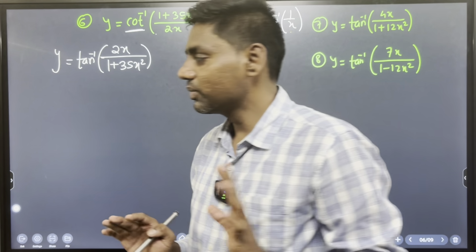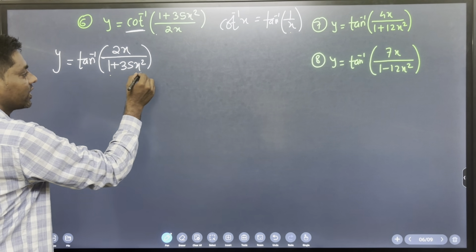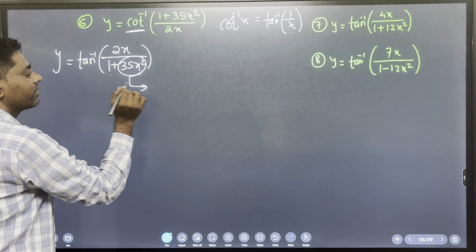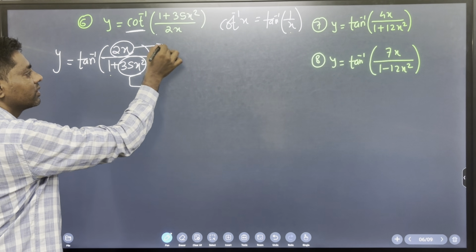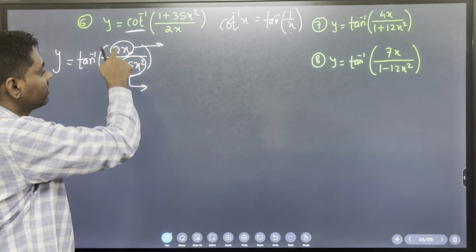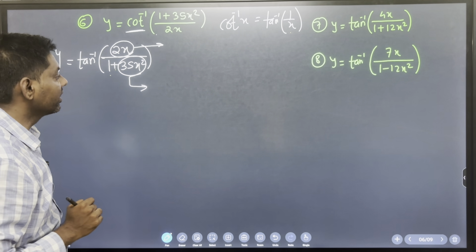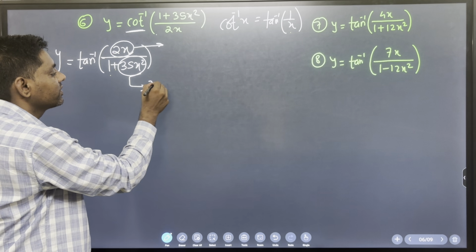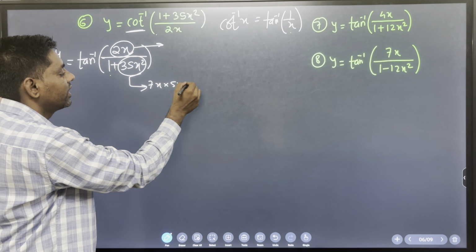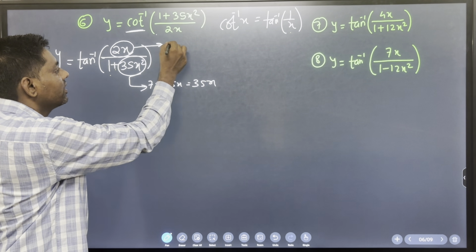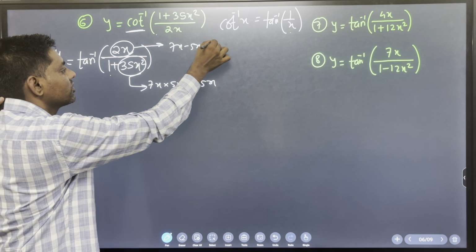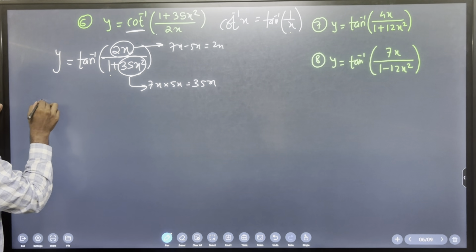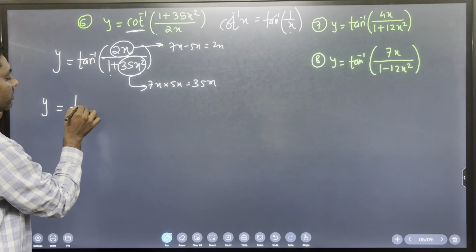So here again very simple, 1 is given, 35x square. So tell me the two numbers having multiplication and two numbers having subtraction. Why? Because the plus sign is there in the denominator, so definitely at the numerator this is the minus sign. So 35x square means we can write 7x and 5x, that is 35x square, and 7x minus 5x is 2x. So we get both numbers. So according to that we can write tan inverse of 7x minus 5x divided by 1 plus 7x into 5x.